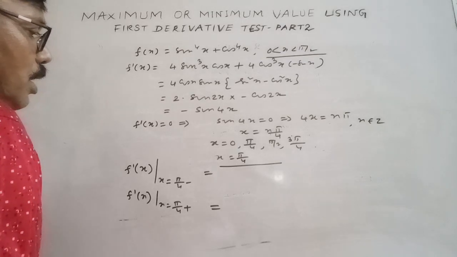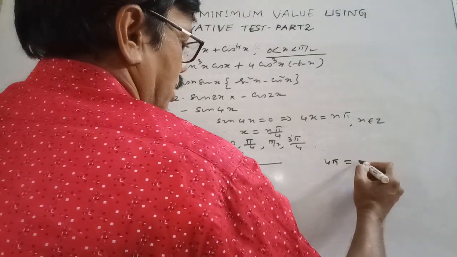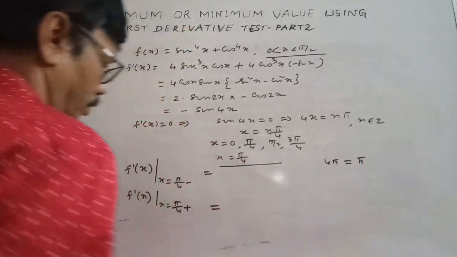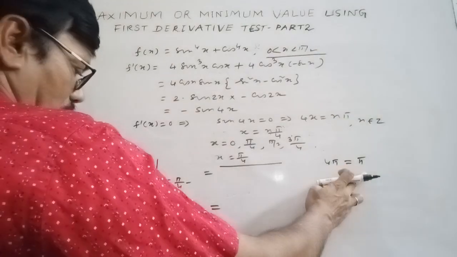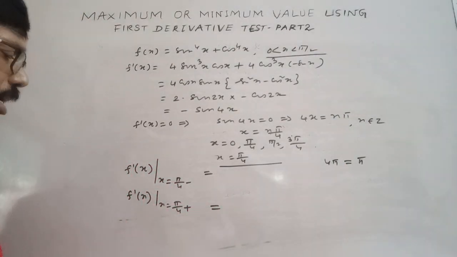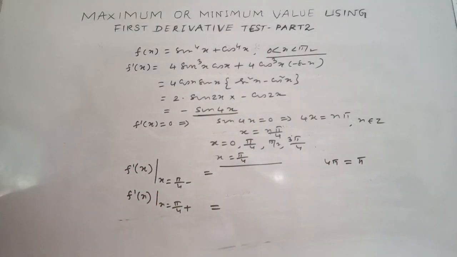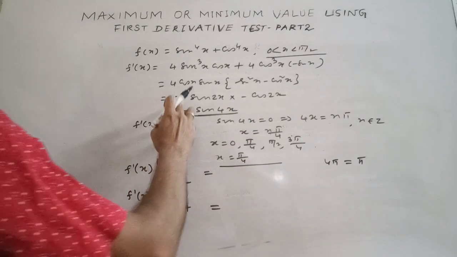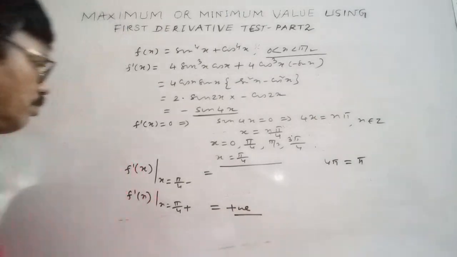Now 4 times pi by 4 is pi. So for pi by 4 plus, 4x is in the third quadrant. In the third quadrant sine is negative, and there is a minus sign, so this is positive.